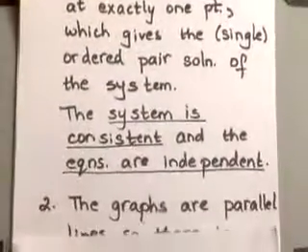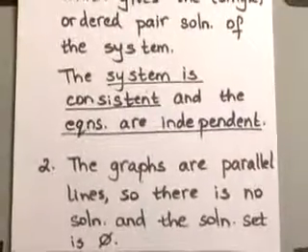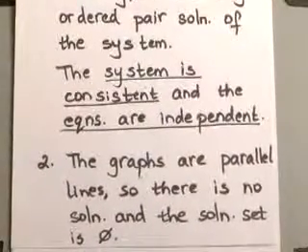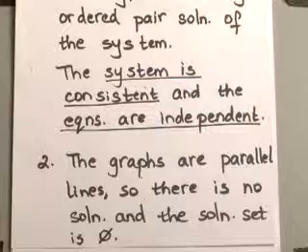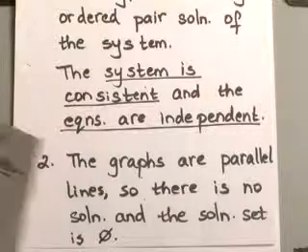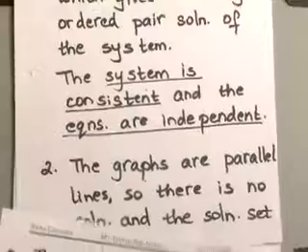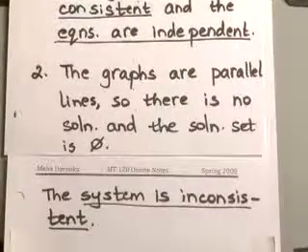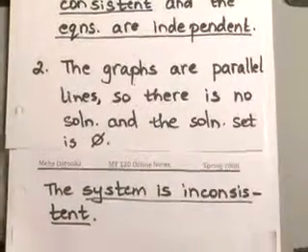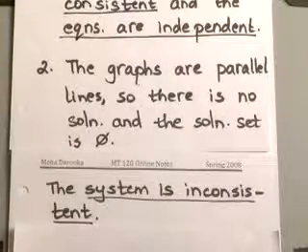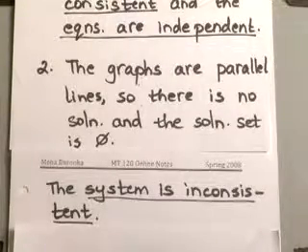Then we had graphs of parallel lines where we said that there is no solution to such a set, and we called it an empty set. And in this case, the system where the two lines are parallel is called an inconsistent system. So when the two lines intersect at one point, it's a consistent system.